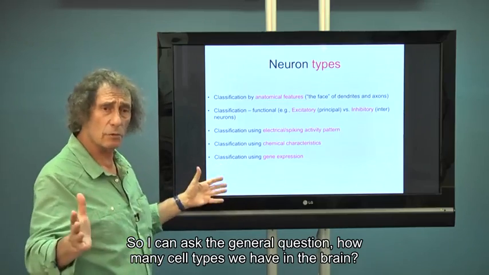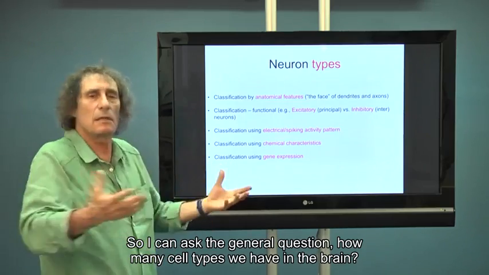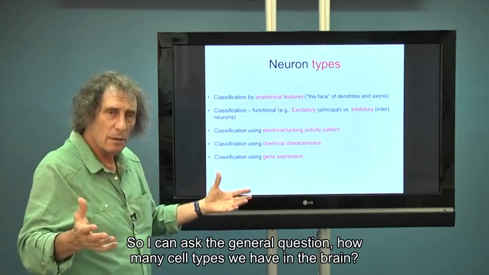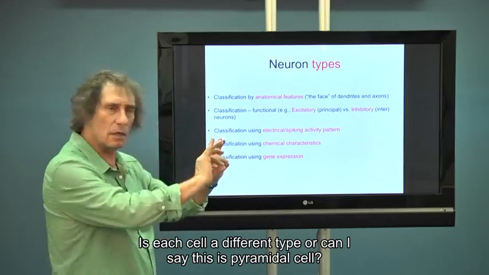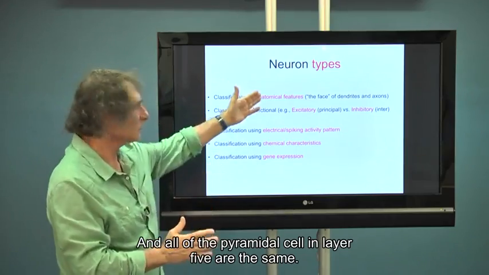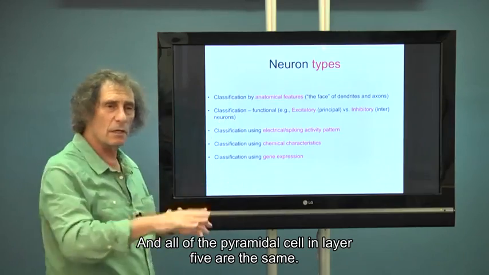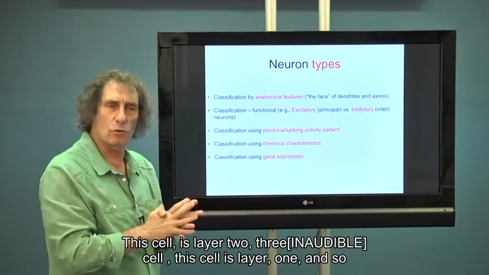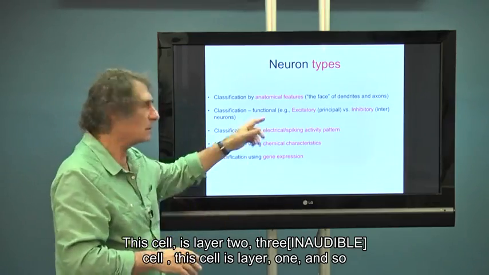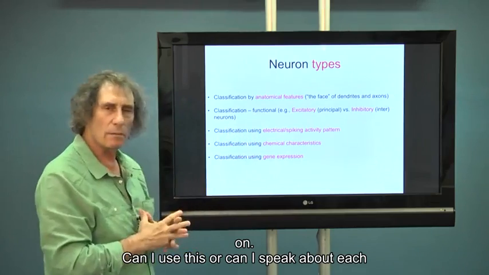So I can ask the general question, how many cell types we have in the brain? Is each cell a different type? Or can I say this is layer 5 pyramidal cell, and all of the pyramidal cells in layer 5 are the same? This cell is layer 2, 3 pyramidal cell. This cell is layer 1, and so on.